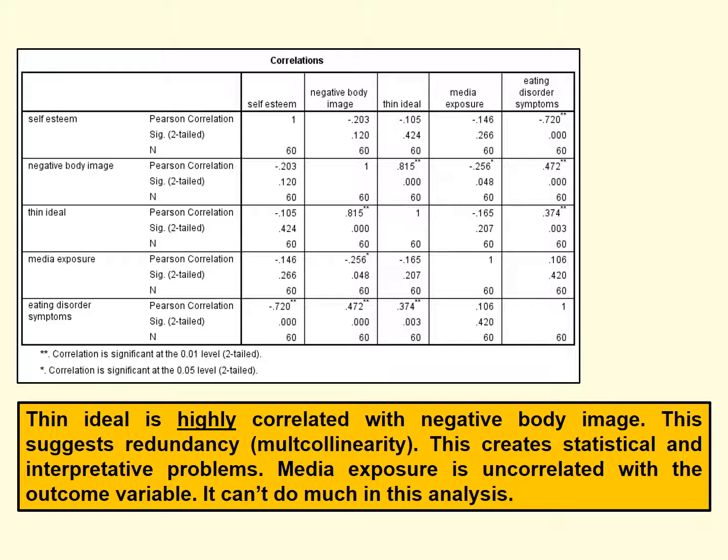This suggests a condition of redundancy or collinearity between these two variables. And this creates statistical and interpretive problems. Media exposure is uncorrelated with the outcome variable, so that's also kind of an issue that's problematic and means it can't do too much in the analysis.